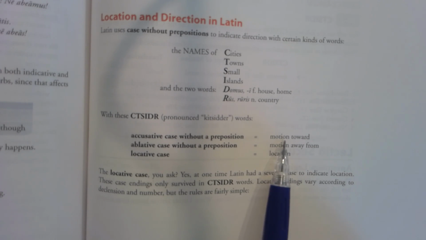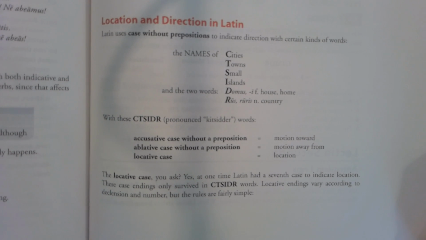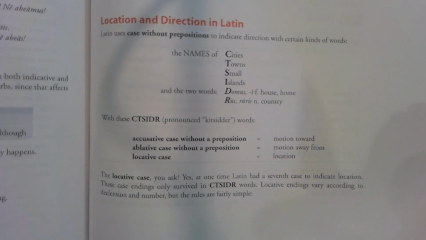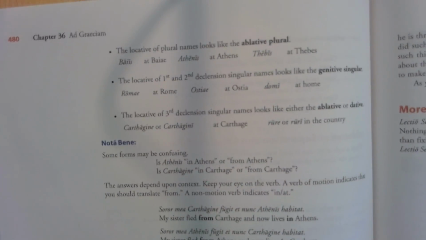Same thing with the accusative case, and then you've got these special locatives. We don't really talk about the locative a lot, but it's there. It was another case that was largely going away, but it still appears in some cases.